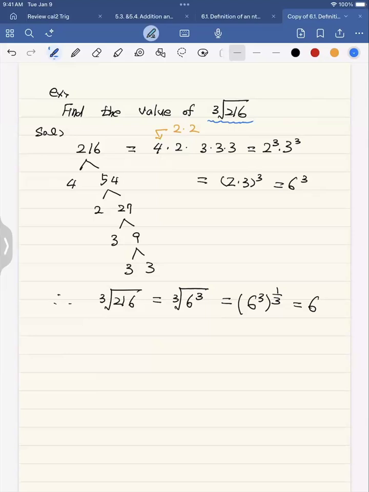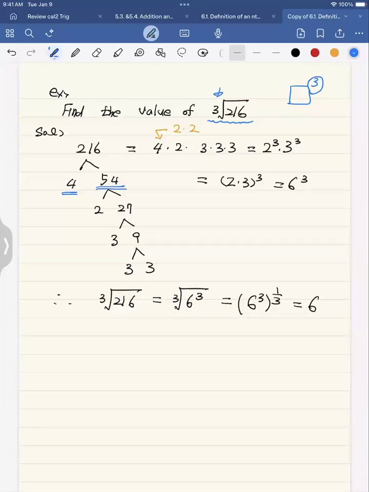The first thing we have to do will be factoring, to see whether 216 can be written as some number to the cubed power, because in that case, this cube and this cube root will cancel each other, so we can remove the radical sign. 216 is 4 times 54.